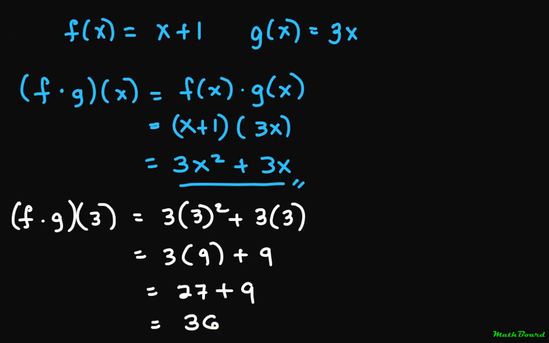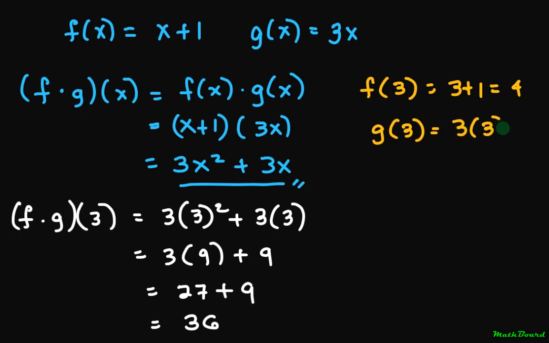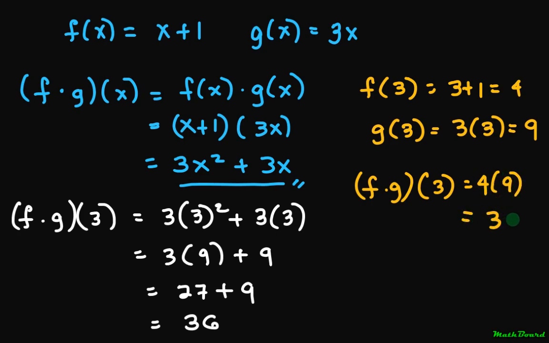Also, we can solve this by getting first the value of f of 3. So f of 3 is just 3 plus 1, which is equal to 4. Then g of 3 is 3 times 3, because 3x, so that's 9. Therefore, f times g of 3 equals 4 times 9, which is the same, 36.